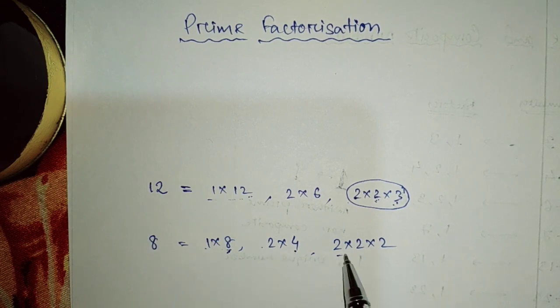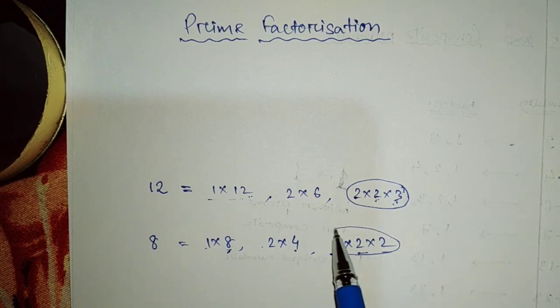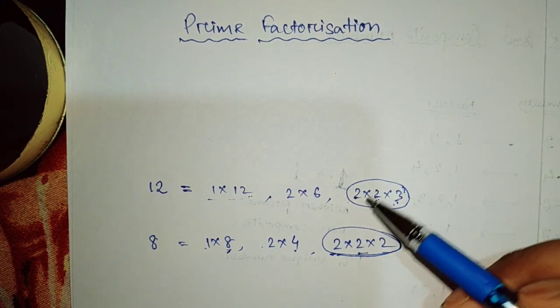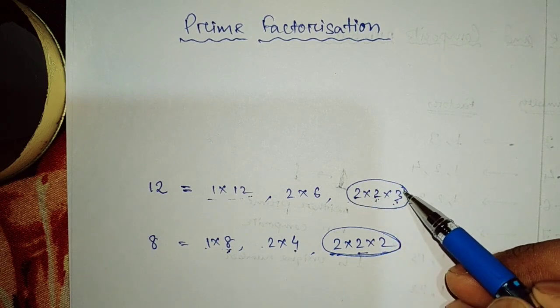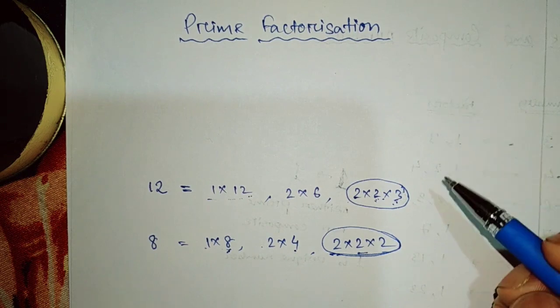But here we can see 2, 2 and 2 all are prime. So 8 is written as a product of primes, and that special thing is called prime factorization, where all the factors are prime numbers. That is why it is called prime factorization.